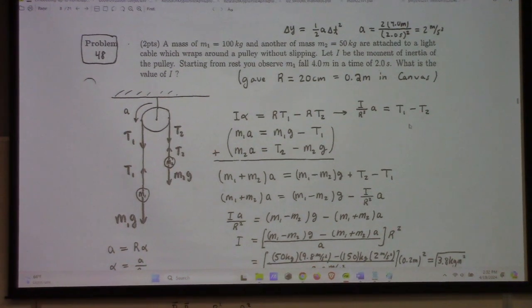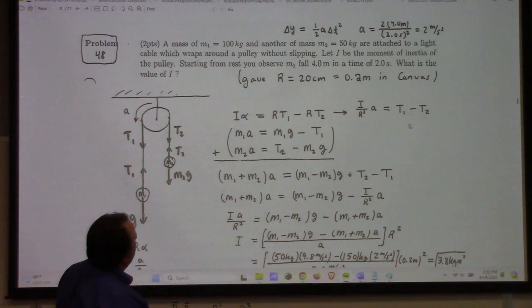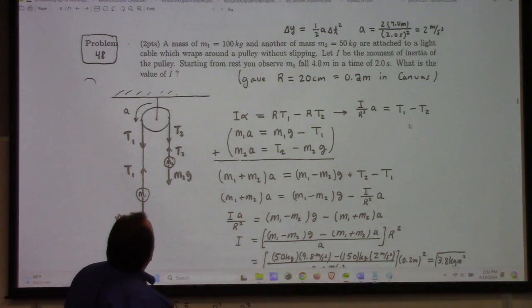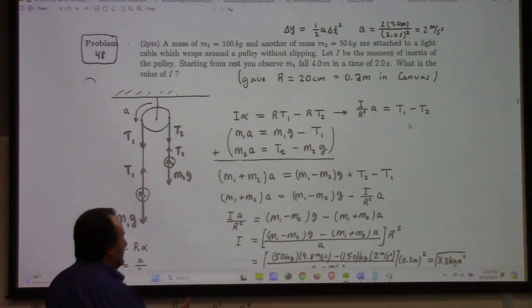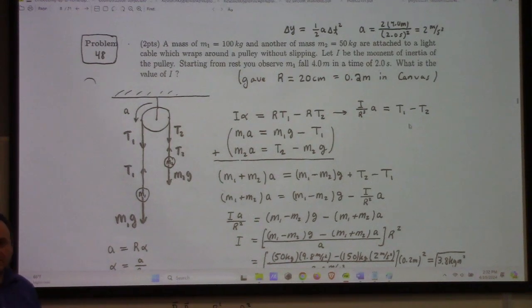So here's the Atwood machine with a massive pulley. I suppose there are various ways to do this. I was talking to one of you, and we were talking about how to do this with energy conservation. You could use conservation of energy here if you wanted to.